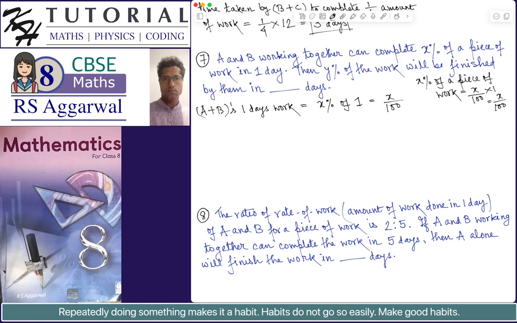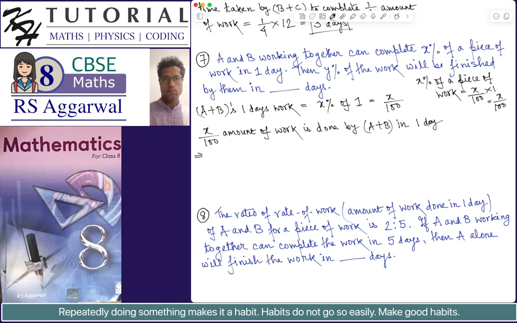So we can say that X by 100 amount of work is done by A plus B in 1 day.